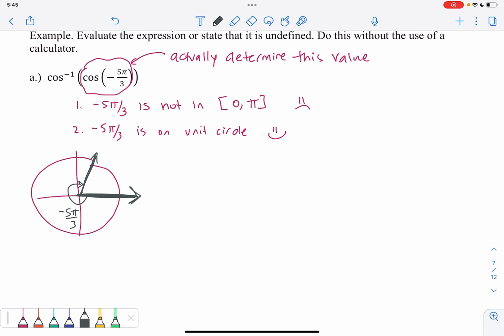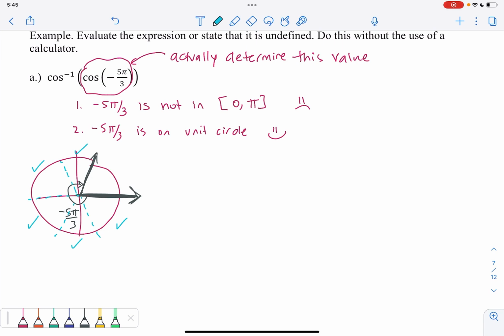And again, if that still feels a little rough, like how do we do that? Draw in those pi over 3s, right? Like cut it up into 6 total pieces. So each pi is a half rotation. So this would be like pi over 3, 2 pi over 3, 3 pi over 3, 4 pi over 3, 5 pi over 3. And because I have to get there going clockwise, I end up with a negative angle. So negative 5 pi over 3.